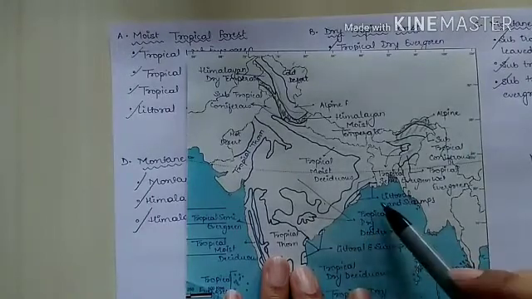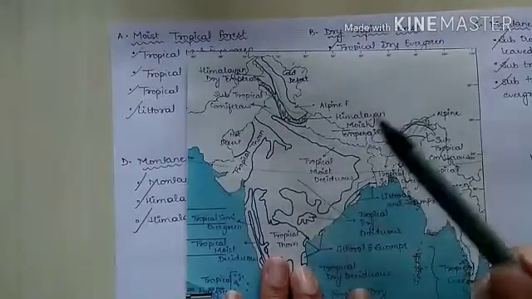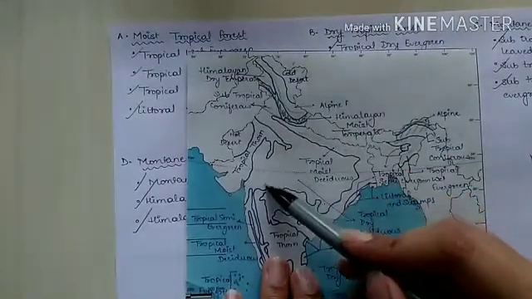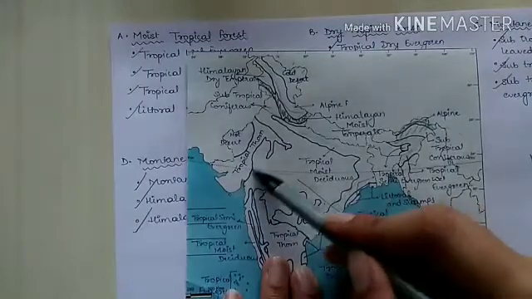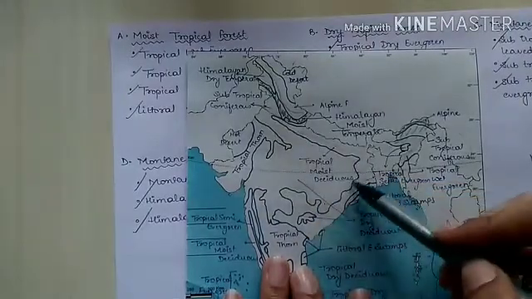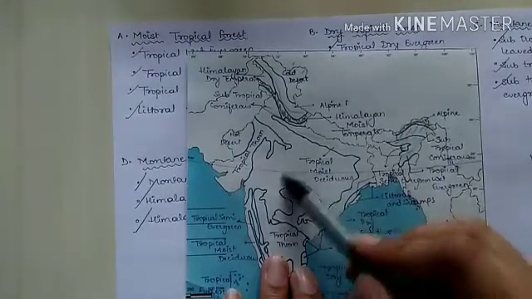Tropical dry deciduous is found in most of the central part of India. Sorry, this area is covered by tropical dry deciduous. Tropical moist deciduous is this one.